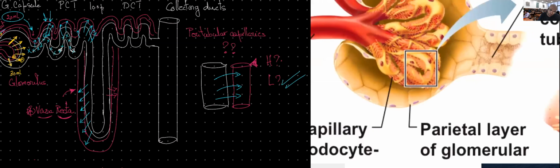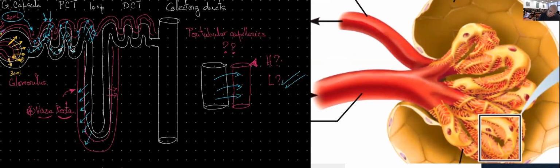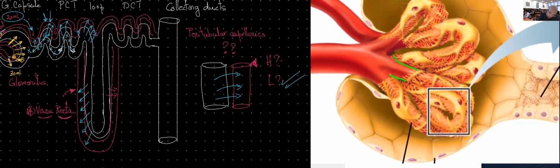So what we see on here, those are the glomerular capillaries, and surrounding the glomerular capillaries are the podocytes with their foot processes. Those are the cells of my Bowman's capsule.